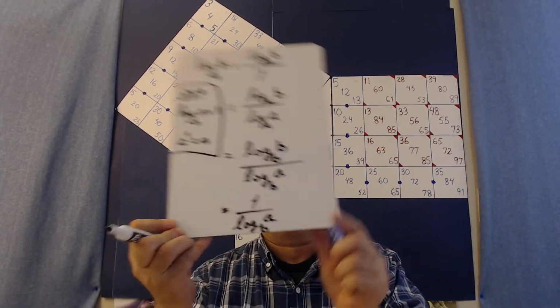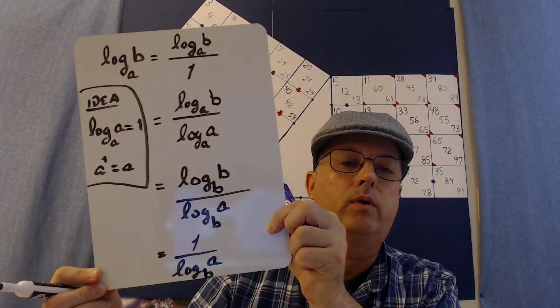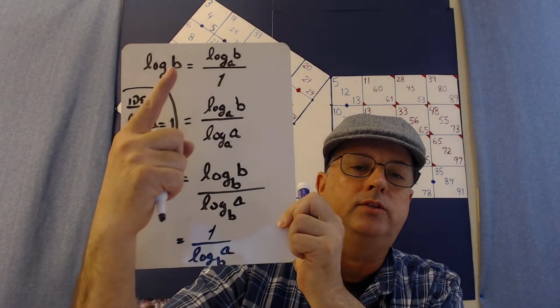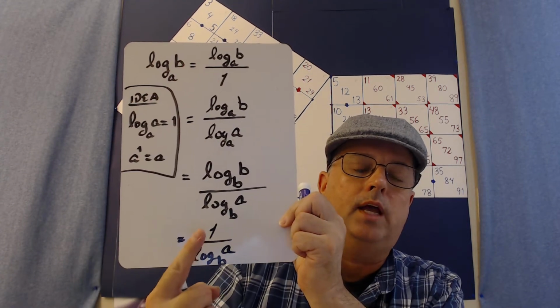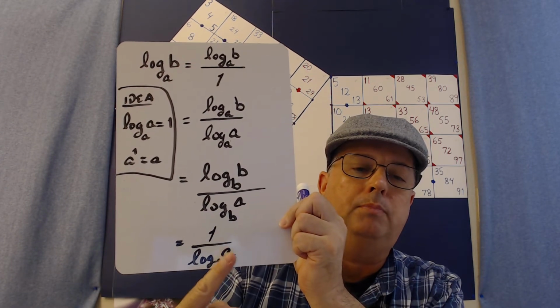And so now I have 1 over log base b of a. And so the log base a of b is the same as 1 over the log base b of a. Let's bring that down and make one statement.